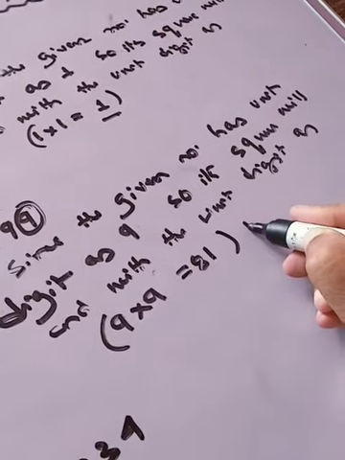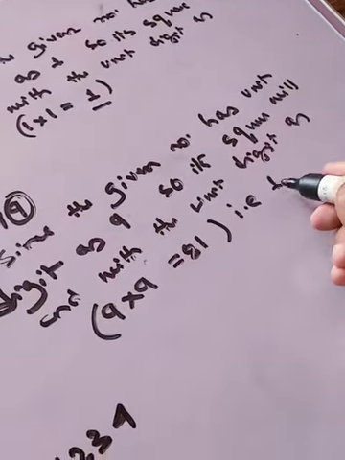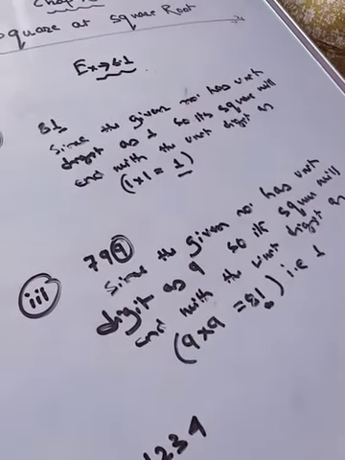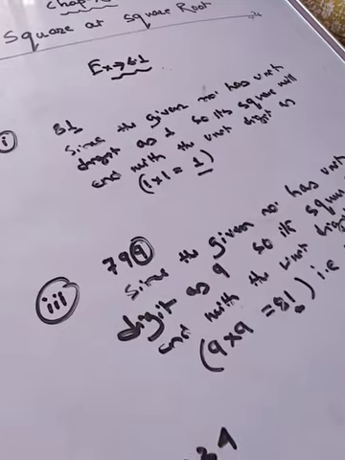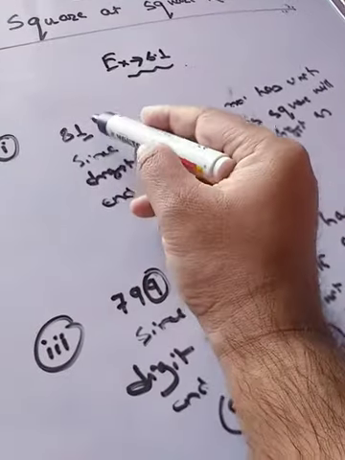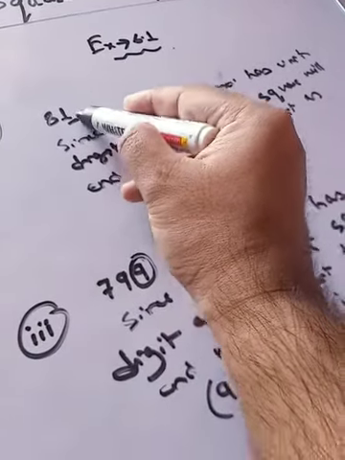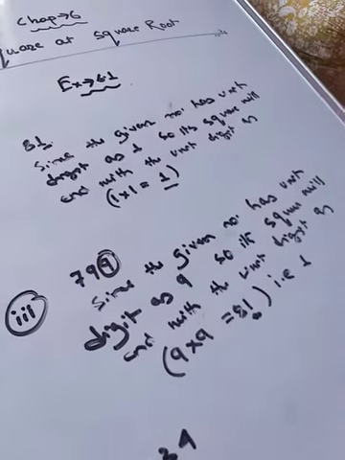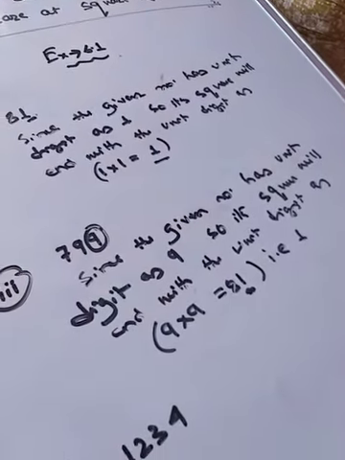So that is 1 only, isn't it? We have already discussed this in the previous video, that any number which carries unit digit as 1 and 9, the square of that number will end with the unit digit as 1.